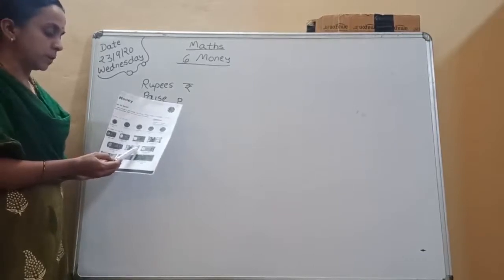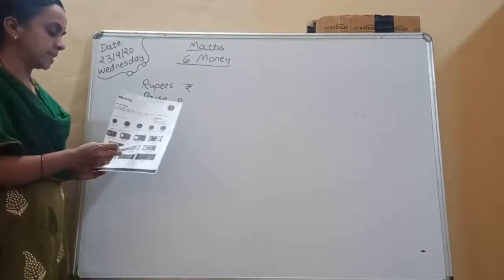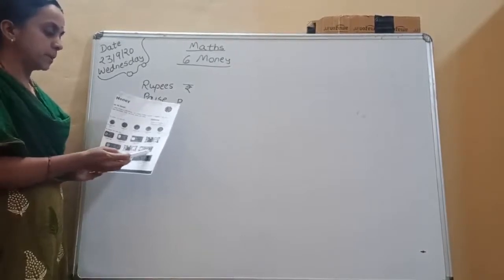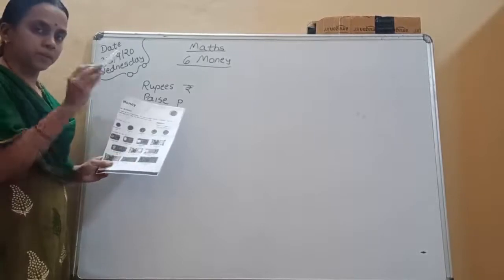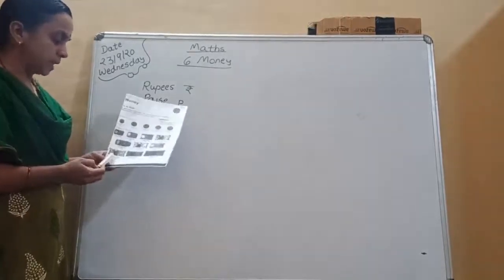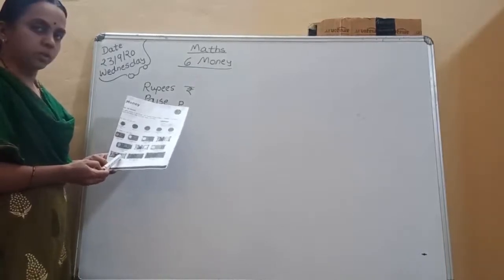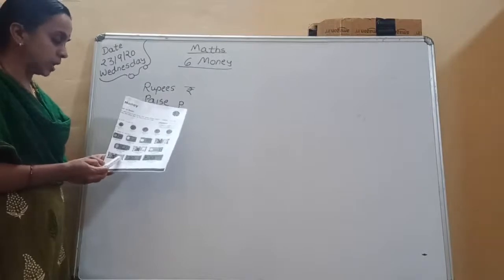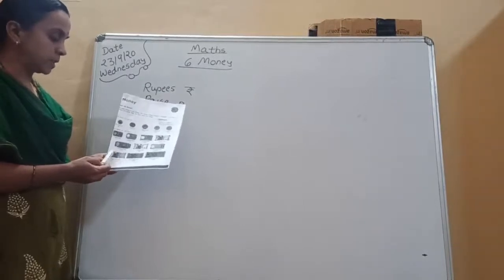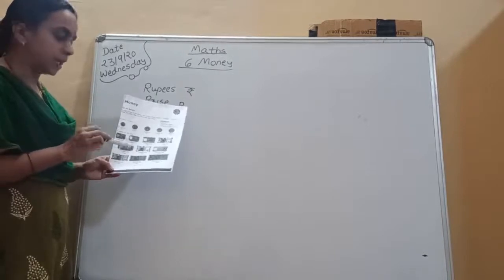On that 50 rupee note, rupees 50 like this is written. Then the 100 rupees note. Rupees 100 is written on that note. Then the 200 rupee note. This is a very beautiful note because this is a new note now. The number 200 is written on that note.